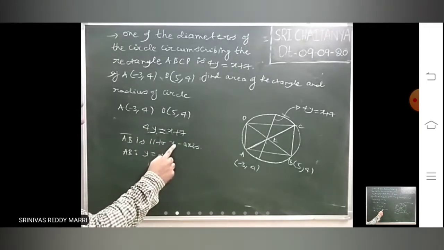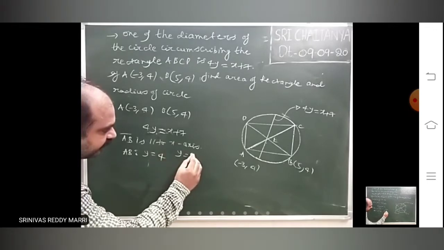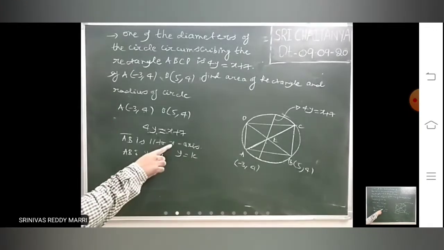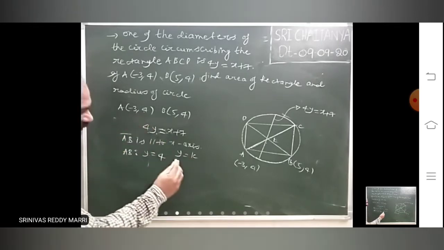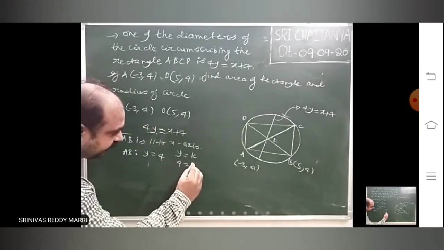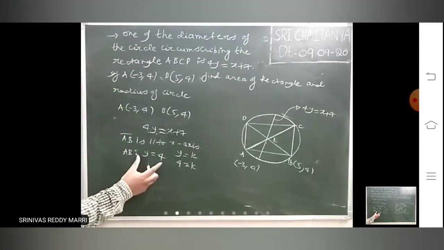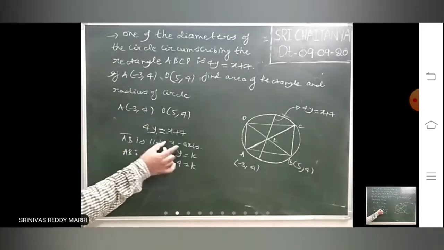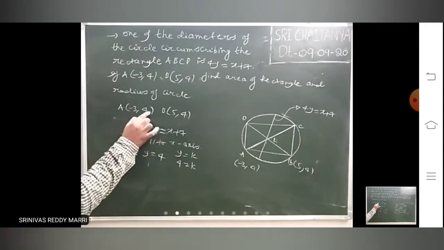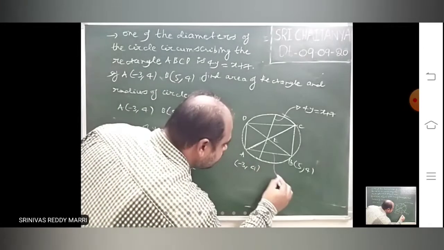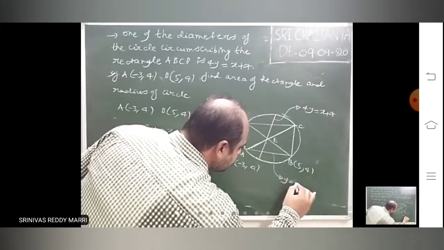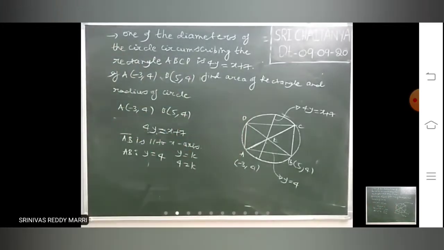Parallel to the x-axis means the form y equal to k, and it is passing through (minus 3, 4), so k is 4. That's why I have directly written y equal to 4. The AB line is y equal to 4.